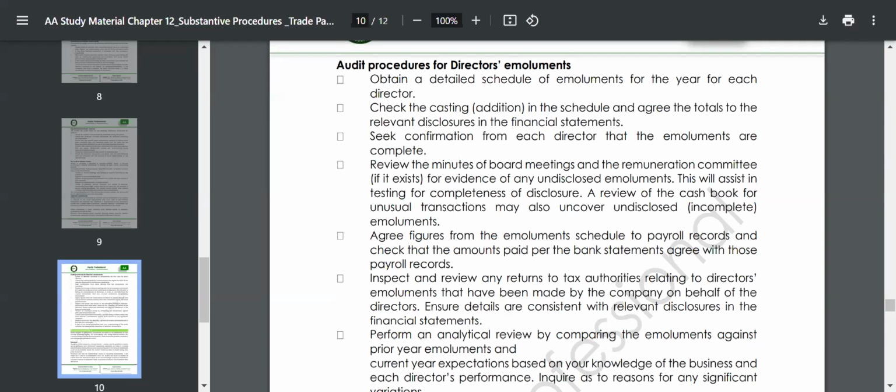Most of the past questions I've seen around this are on the director's fee. The question will usually come in this format: what are the substantive procedures for maybe director emolument or trade payables? Okay, I'm opening now.